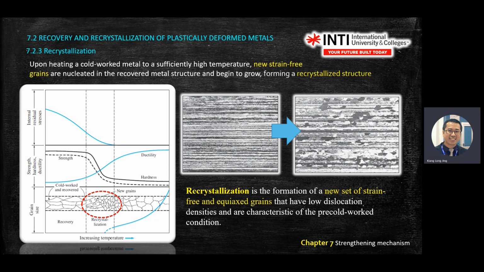New grains happen. This is a very important diagram. It normally appears in question Section A, asking you to explain the plastically deformed process under cold work and how it involves the recrystallization process.